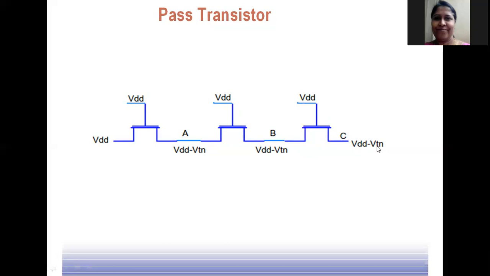So you get VDD minus VTN. So although you have three MOSFETs, you get VDD minus VTN at the output. So this still is a logic high voltage. So you can pass logic high voltage from one point to another point by connecting a series of pass transistors.